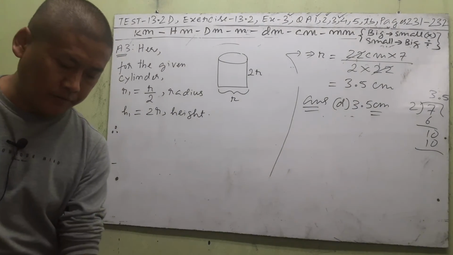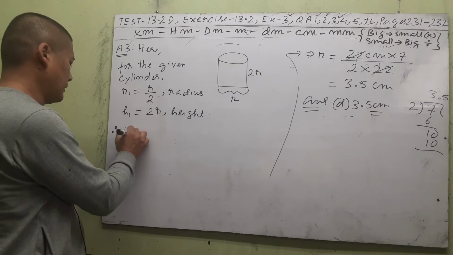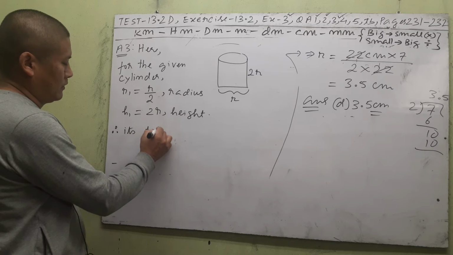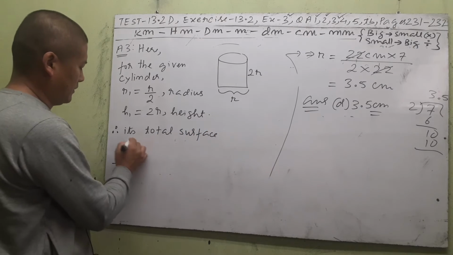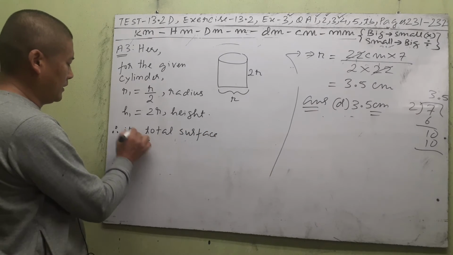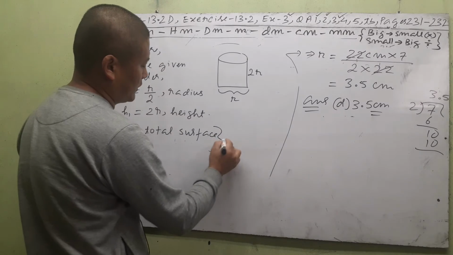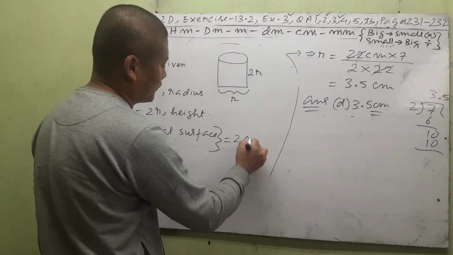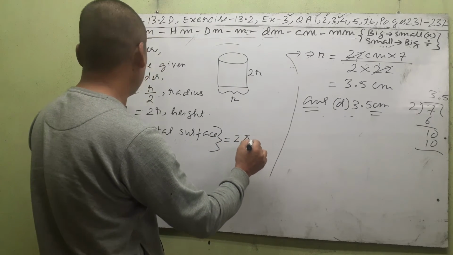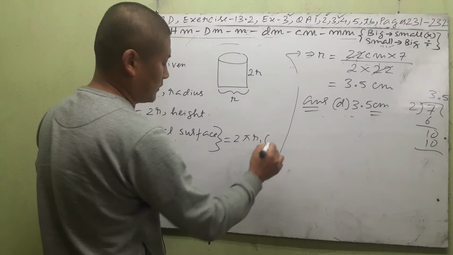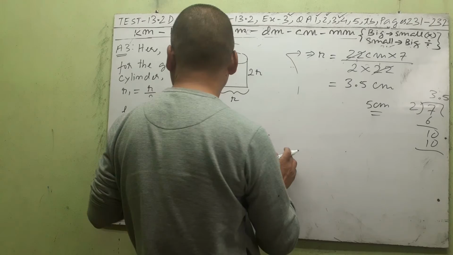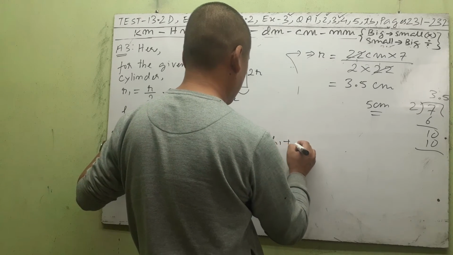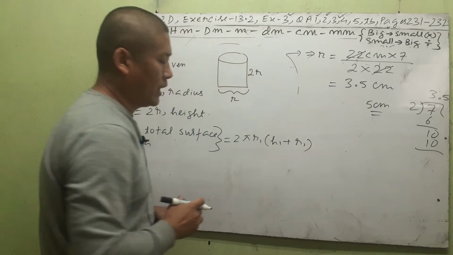Therefore, its total surface area would be equal to 2 pi r into h plus r. We know the formula for the total surface area of the cylinder, 2 pi r into h plus r.